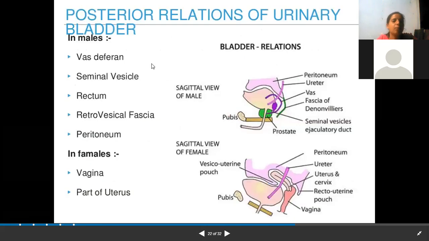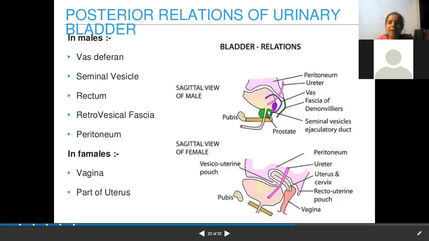Now, let us try to understand the picture. This is the pubic symphysis. Just behind the pubic symphysis we have the urinary bladder, and this is a male sagittal section. This is the peritoneal fold. Behind the urinary bladder we have the rectum and anal canal, right? Now see here, certain features are shown.